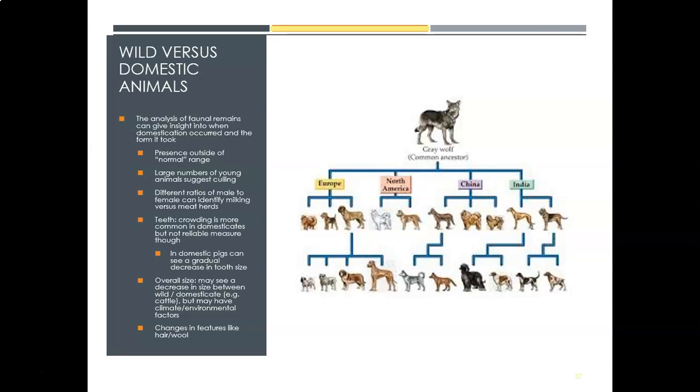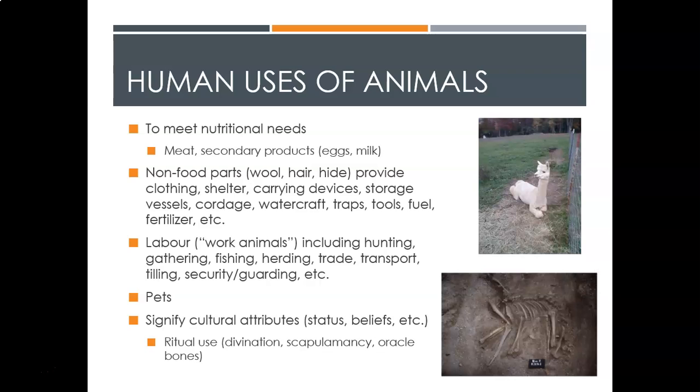In other animals, tooth size isn't that much of a concern. Generally, we see a decrease in size, but again, this depends on other factors as well. And of course, if we're using an animal for its secondary products like wool or hair, then we expect to see changes in those features as well, which may or may not be preserved in the archaeological record itself.